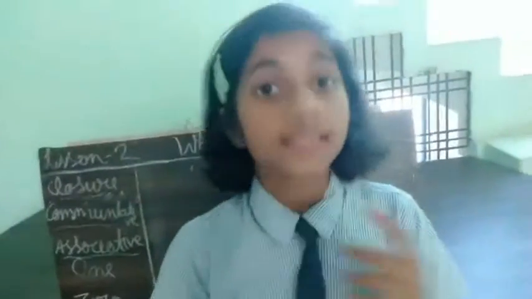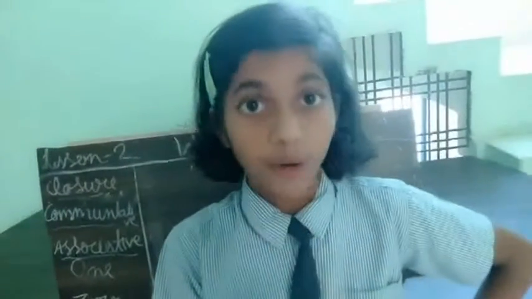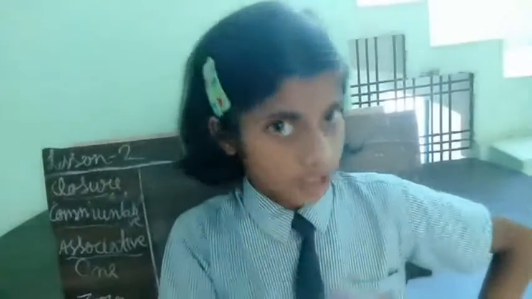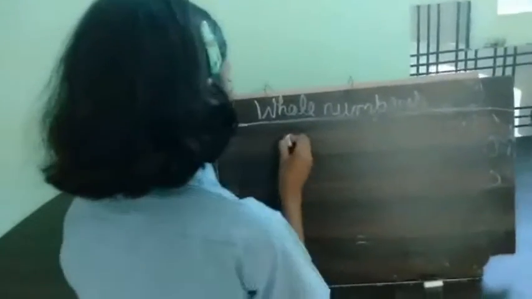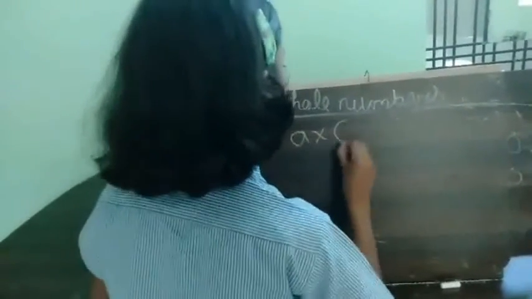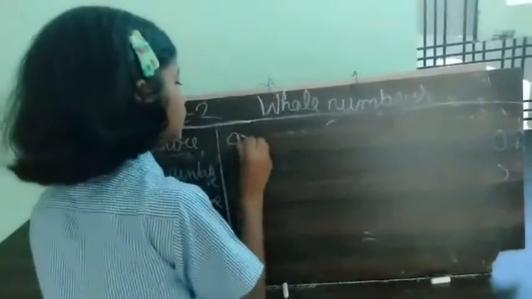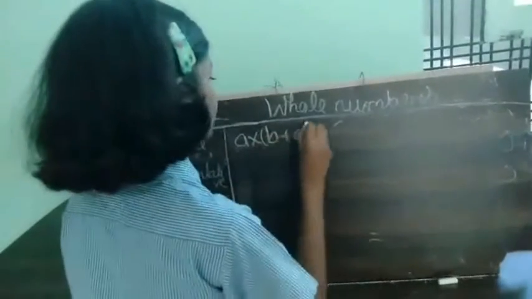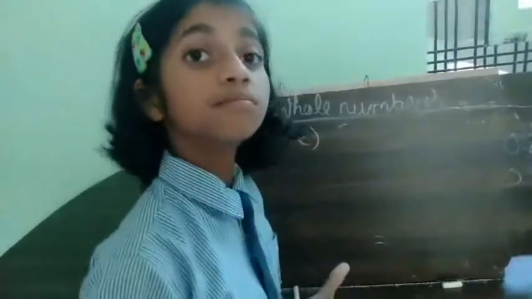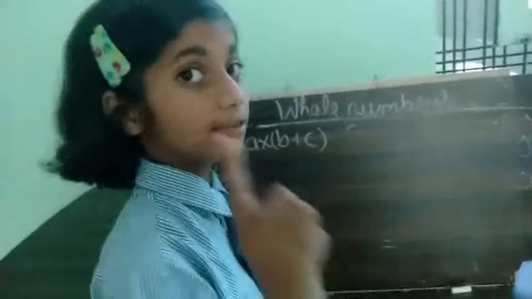Our next topic is the distributive property, means distributive property of multiplication over addition. So suppose that a, b, c are three whole numbers. Then a into bracket b plus c. We can solve this by method 1.